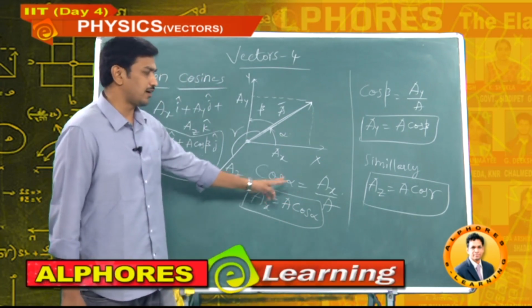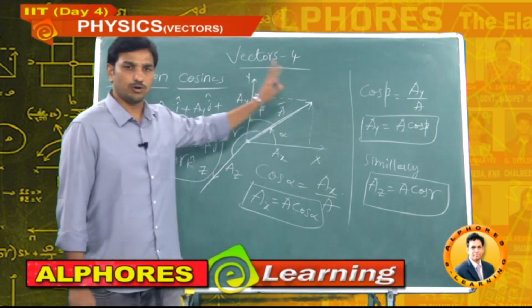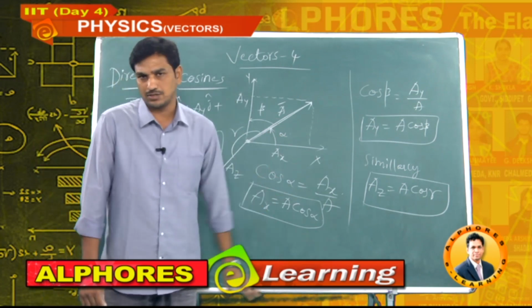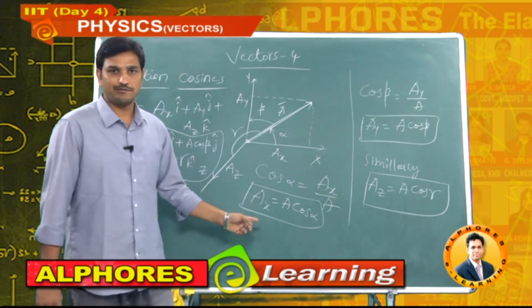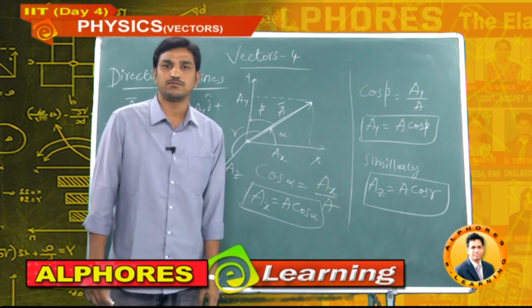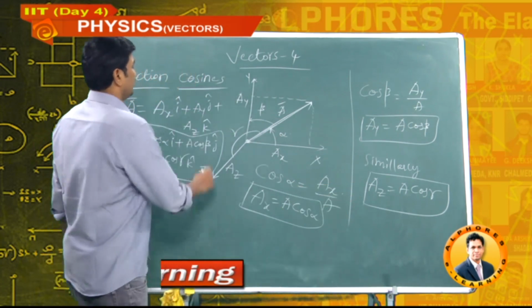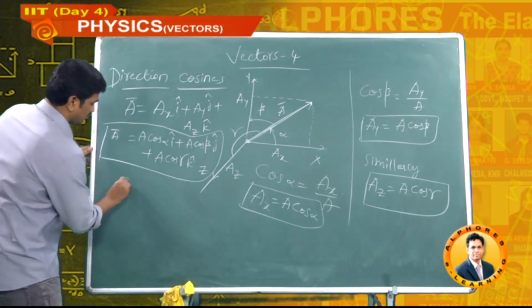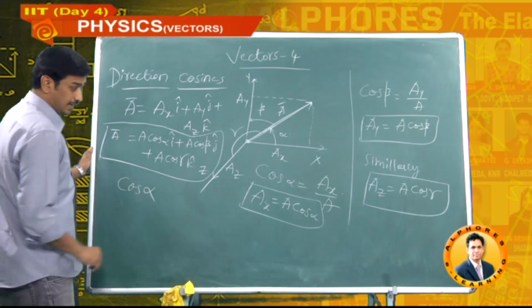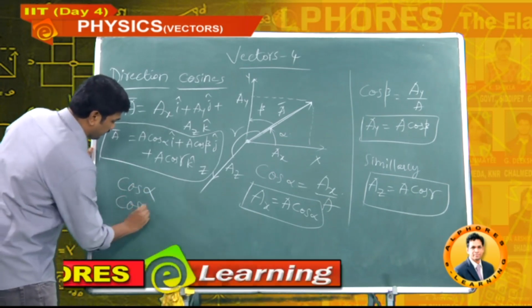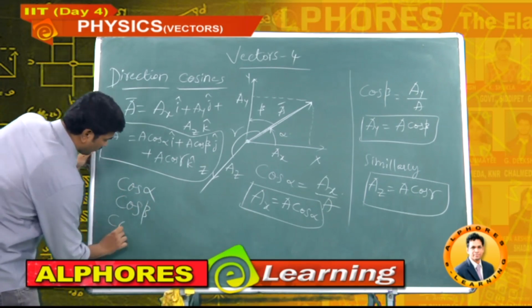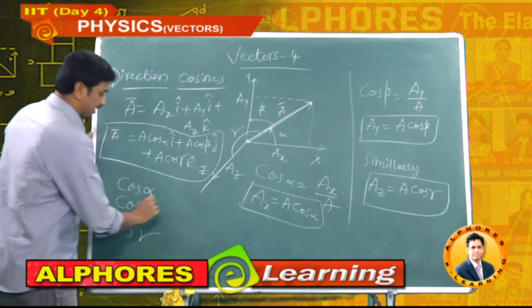So cos alpha, cos beta, cos gamma are the direction cosines. Once again, cos alpha, cos beta, cos gamma, all three are direction cosines.